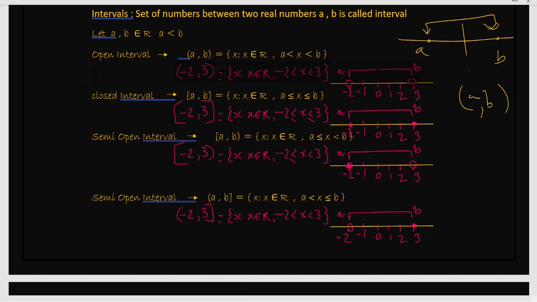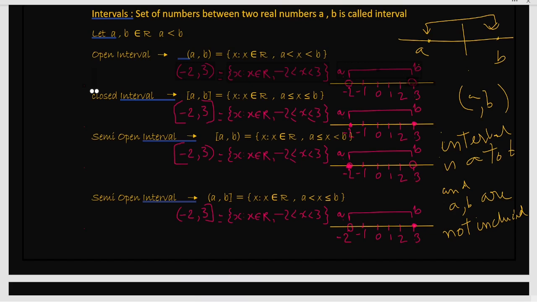The interval is A to B, and both the endpoints, A and B, are not included. That is how the open interval is distinguished.